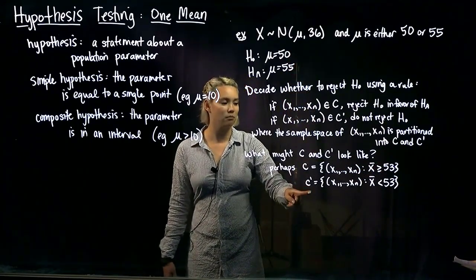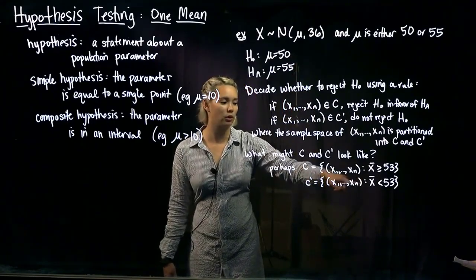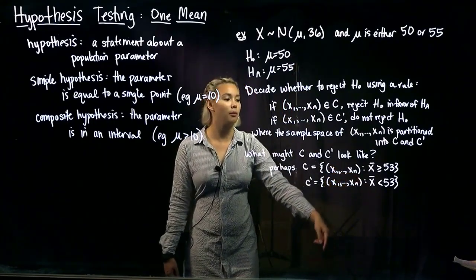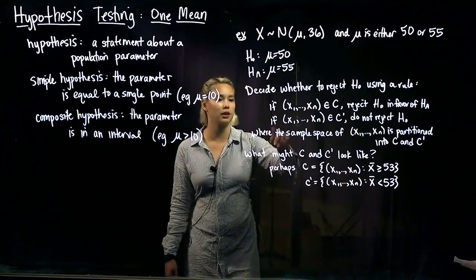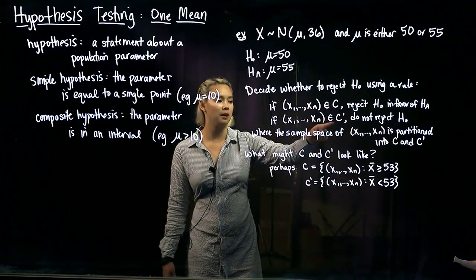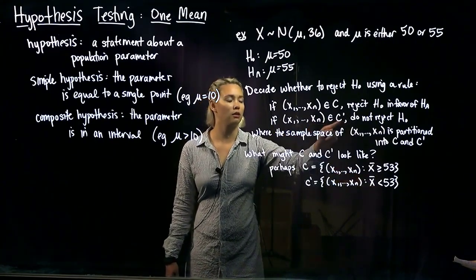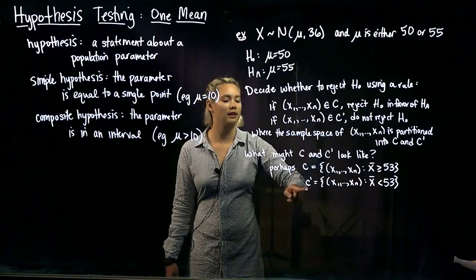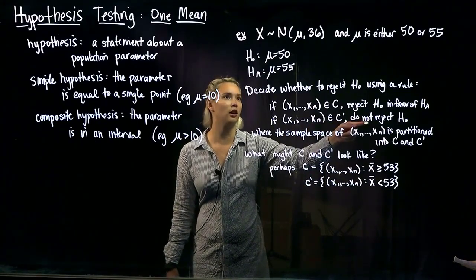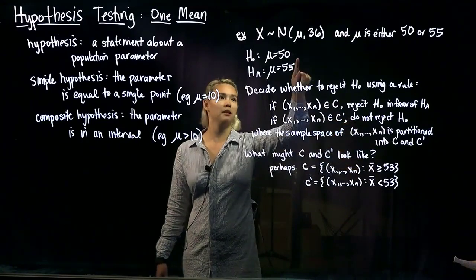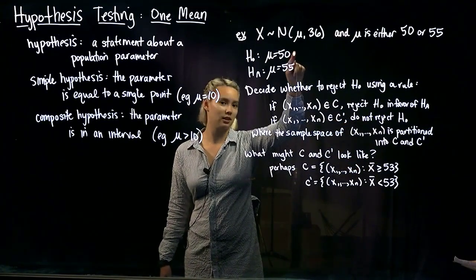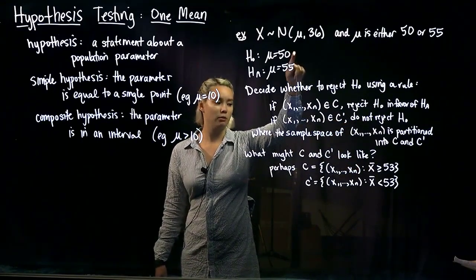And then C prime is the set of all x1 through xn such that x bar is less than 53. So if our sample mean is less than 53, then we've landed in C prime and we will not reject the null. So if we have a small enough sample mean, then we're going to not reject the null hypothesis that mu equals 50.